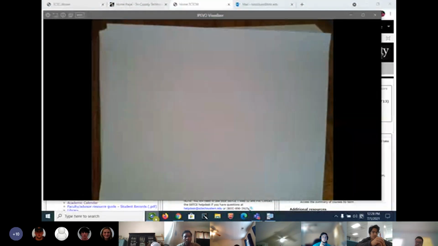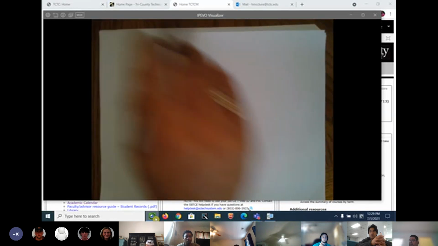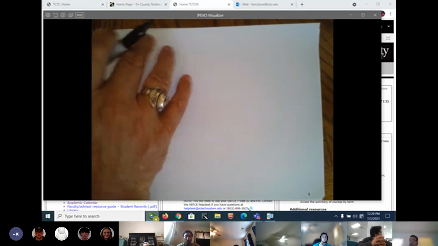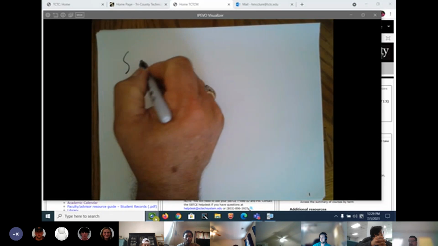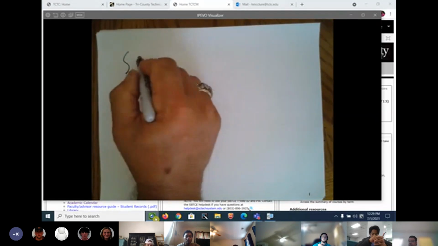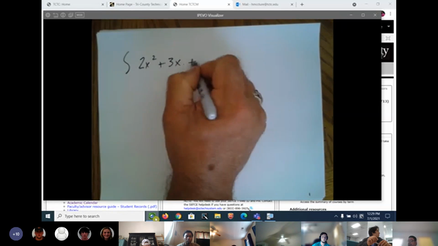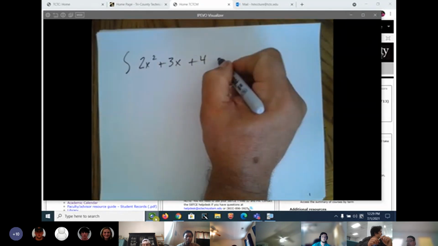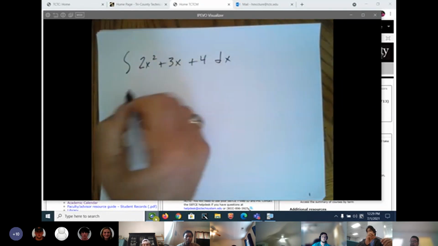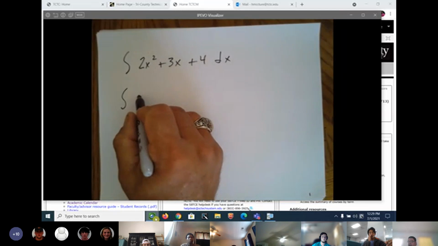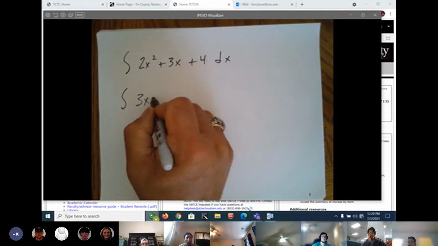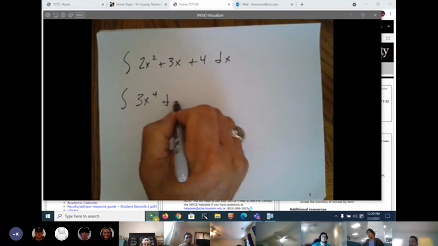Well, so far, we have taken the antiderivative of a term or several terms, 2x squared plus 3x plus 4, and that's going to be a dx. We know how to take the antiderivative of 3x to the 4th dx.